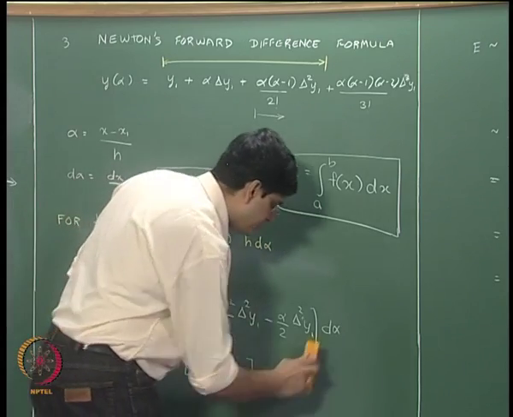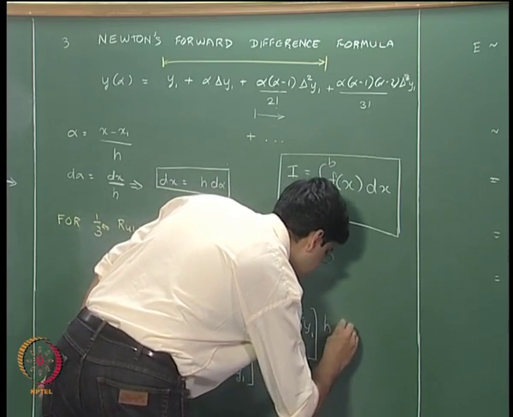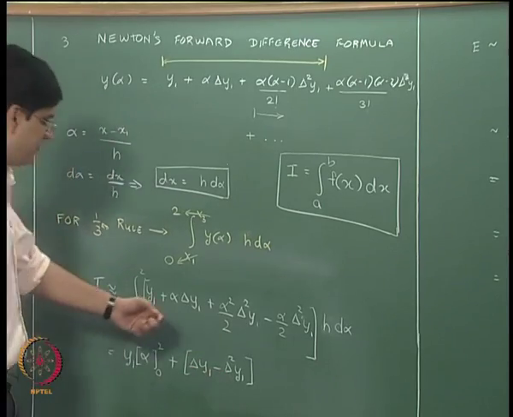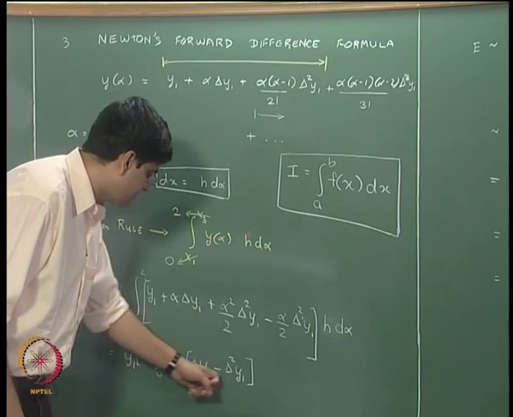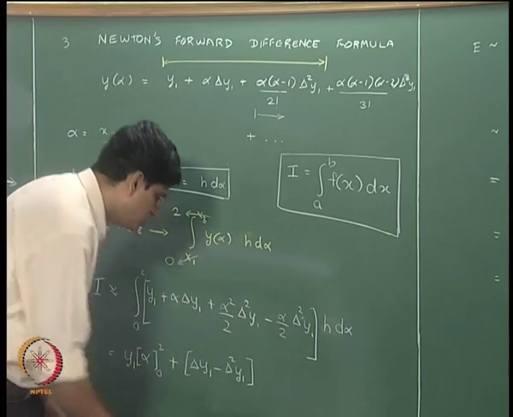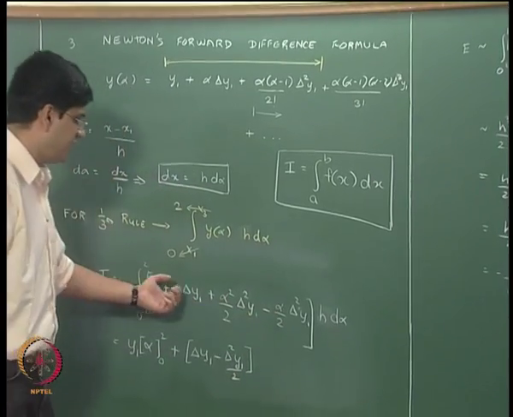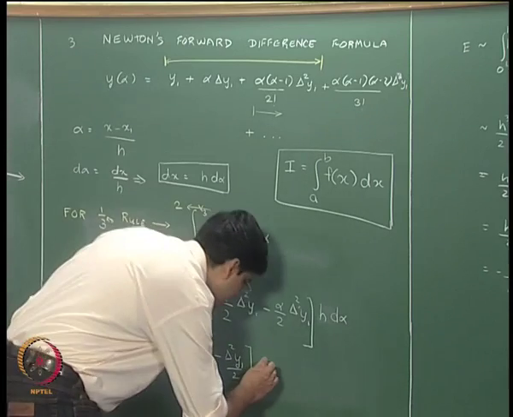Okay, I just forgot h over here, it should be h d alpha. Delta y1 minus delta squared y1 by 2 multiplied by alpha, and when we integrate alpha we will get alpha squared divided by 2.